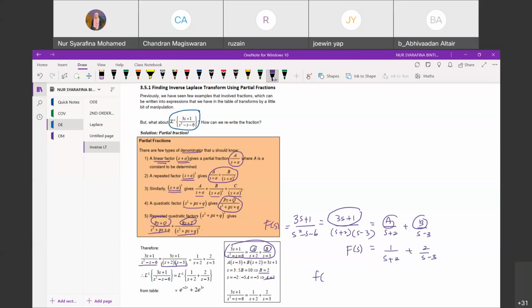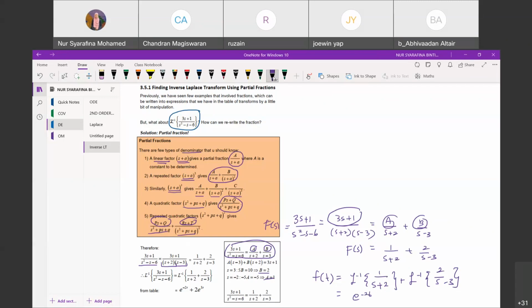Now, in order to find ft, you have to inverse transform one by one of these. Okay, so map to the table of transformation, s plus 2, s minus 3, it is mapped to exponent minus 2t.